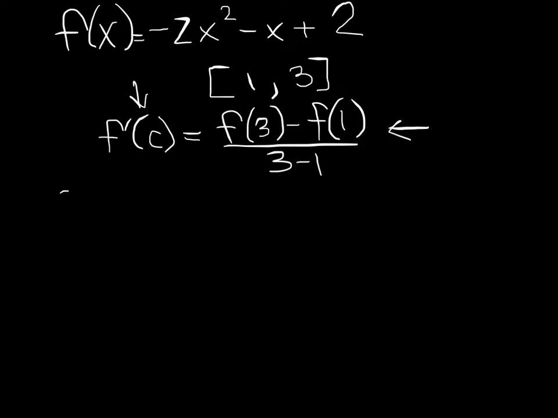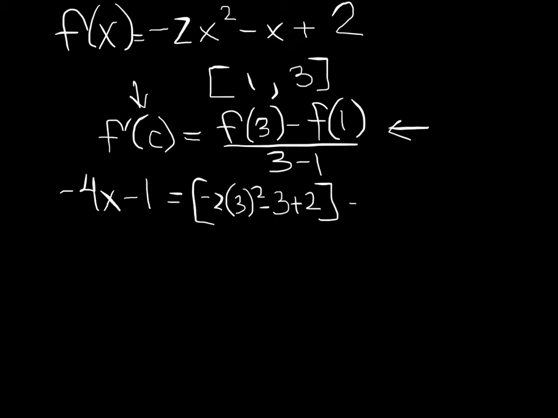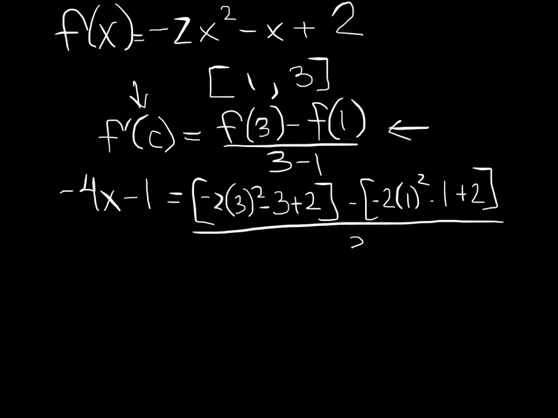So I find the derivative, it's negative 4x minus 1, and somewhere the derivative will be equal to the average rate of change. So then if I substitute 3 into the function, we would have negative 2 times 3 squared minus 3 plus 2, and then subtract that from negative 2 times 1 squared minus 1 plus 2 all over 2.